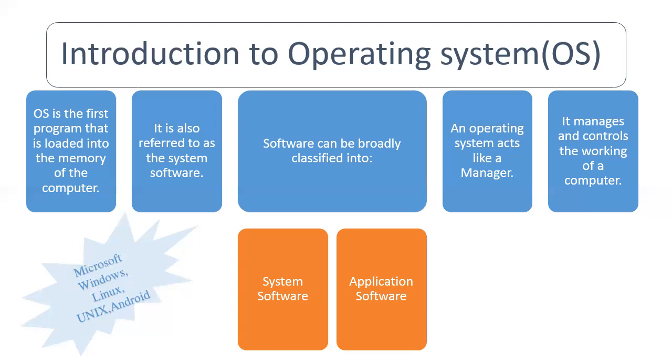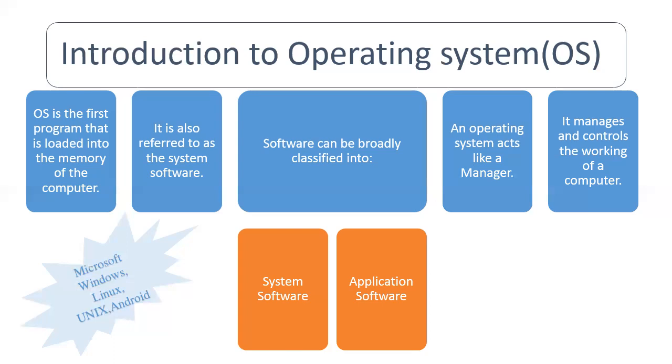It manages and controls the working of a computer. It checks that all the computer's internal devices such as ROM, RAM, and peripheral devices such as printer and monitor are functioning properly. It loads only after these checks are successful.